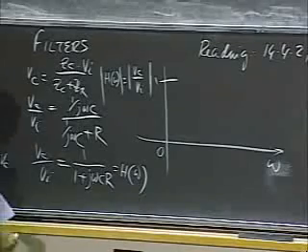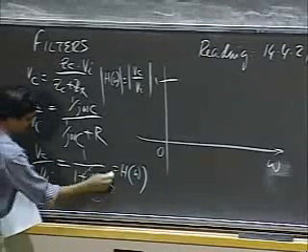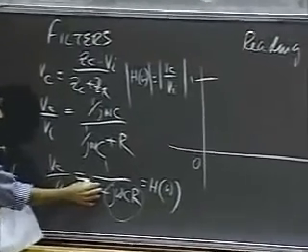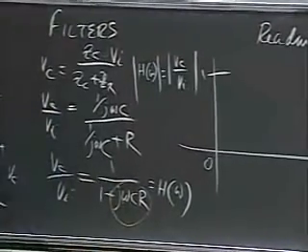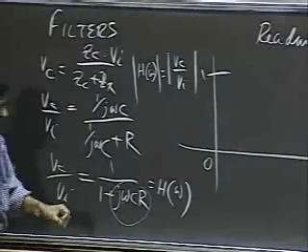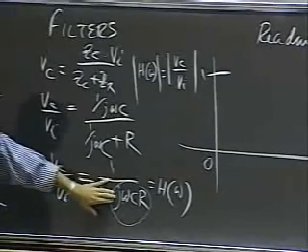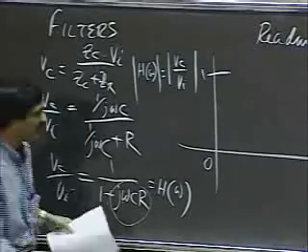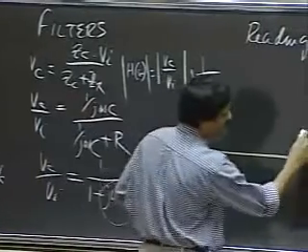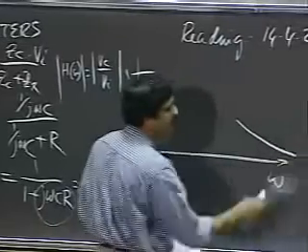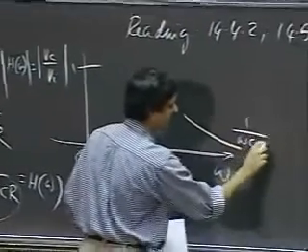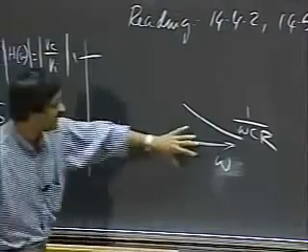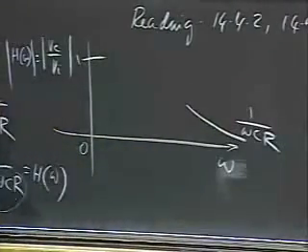When omega is really large, this part dominates and is much greater than 1. If I ignore 1 in relation to this term and take the absolute value, I simply get 1 divided by omega CR. So when omega is very large, I get a decay of the form 1 over omega CR.